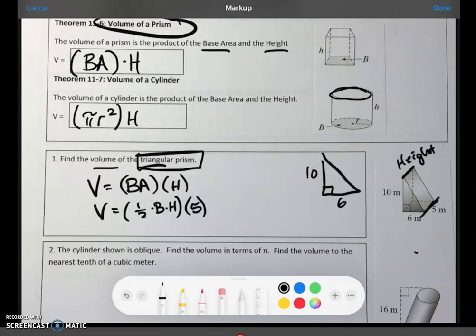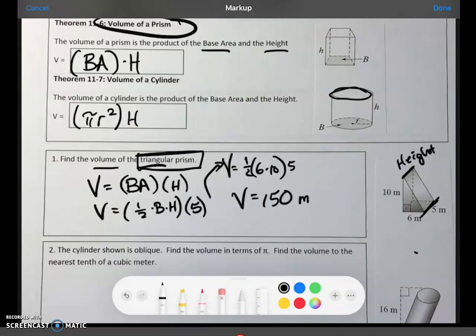So the volume is 1/2 times 6 times 10 times the three-dimensional height of 5. All of this will equal 150 meters cubed, which means there are 150 of these three-dimensional cubes that would fit inside here. I'm going to try to draw one, but it's basically little boxes that fit inside that figure.